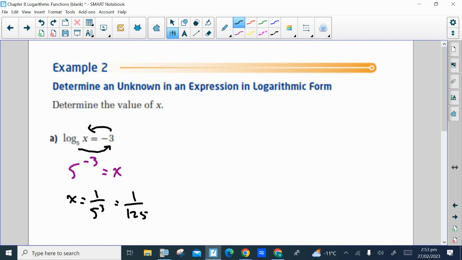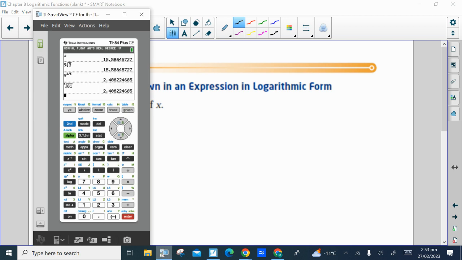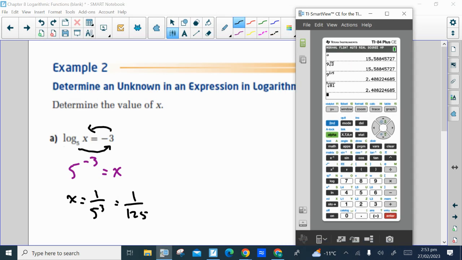Now, you could check this on a graphing calculator by making that first equation log base 5 of x. Depending on your operating system, if you have an older operating system, you don't have the ability to change logs to other bases.